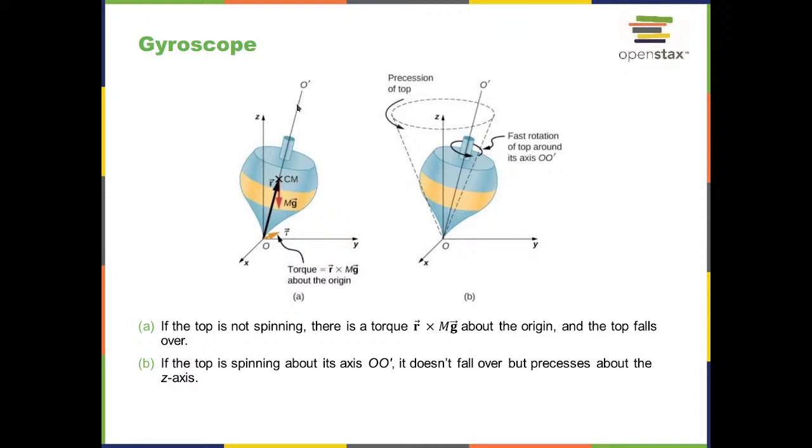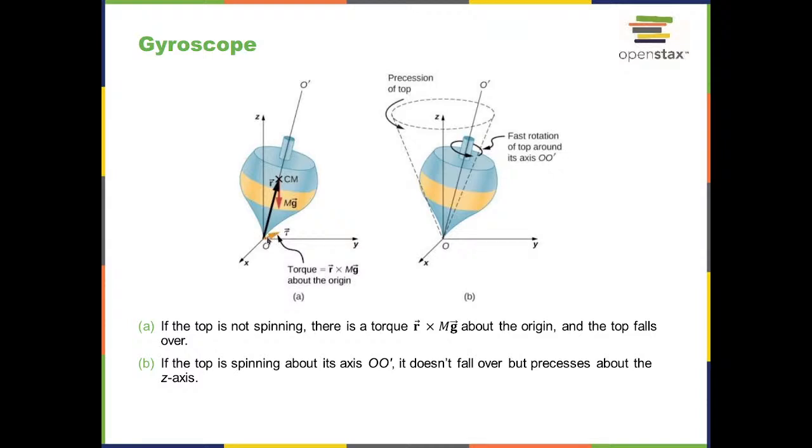Let's think of the angular momentum as instantaneously pointing in the direction of the axis of rotation. So it's going to be I times omega. If I is the moment of inertia of the top and omega is along the direction of rotation, then I times omega, the angular momentum, will point along the direction of rotation. This torque that is applying here will want to change that angular momentum.